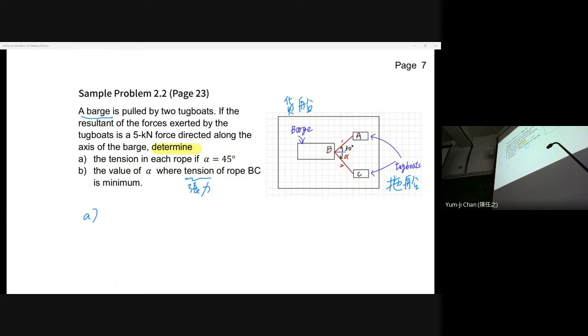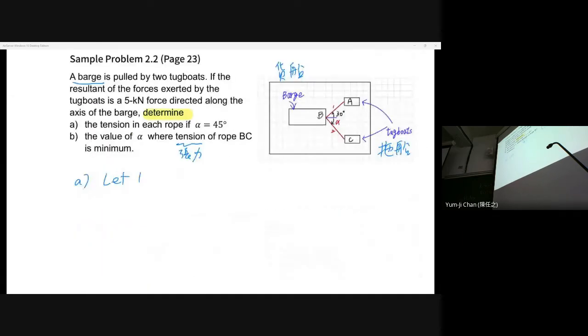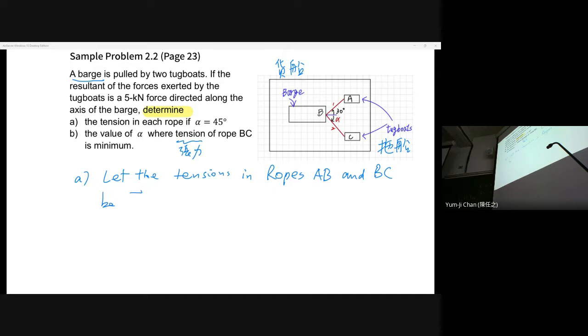We first let the tensions in ropes AB and BC be T1 and T2 respectively.